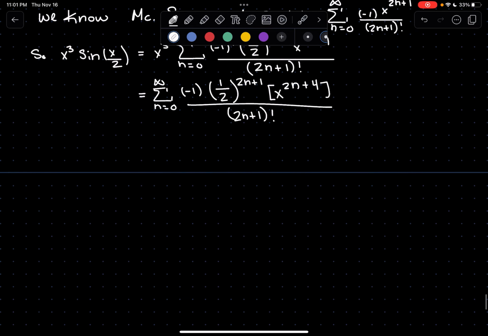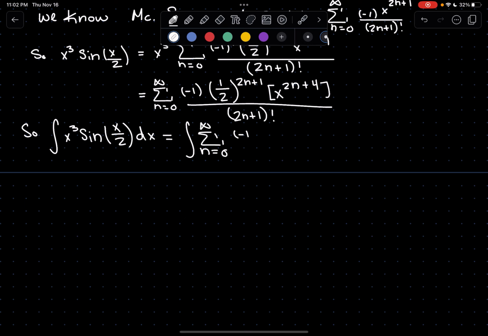Okay, so now the integral. The integral of x cubed sine of x over 2 dx is equal to the integral of the sum, n equals 0 to infinity, 1 over 2 to the 2n plus 1 times, I'm sorry, this is getting messy.